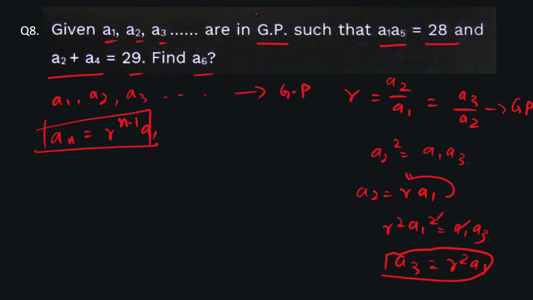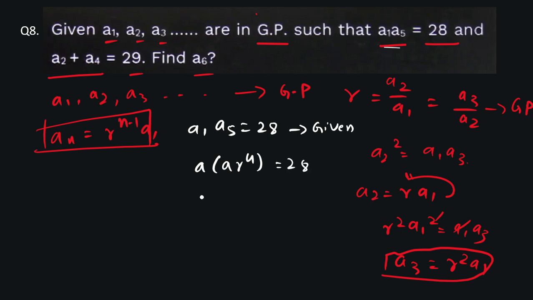So now by using this, we know that A1 into A5 is equal to 28, given. Now put the value of A1 as A and A5 as A into R power 4, which is equal to 28. A square R power 4 is equal to 28.